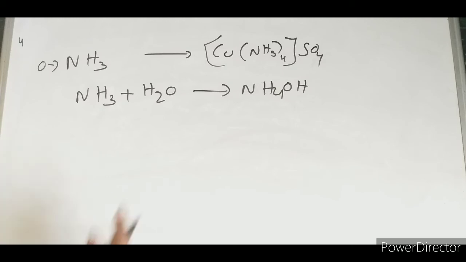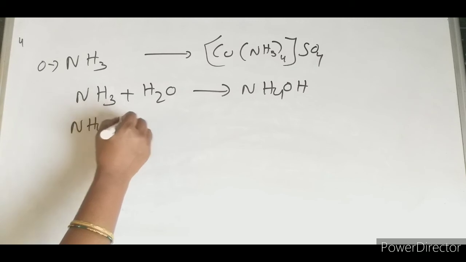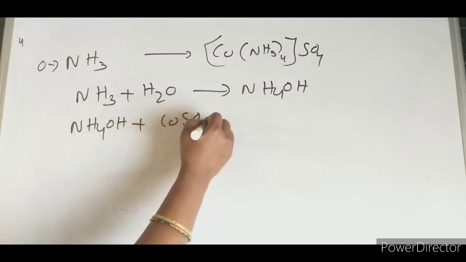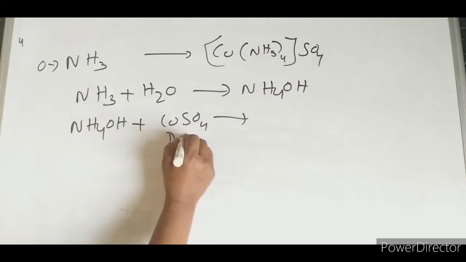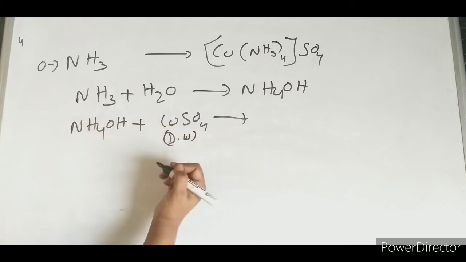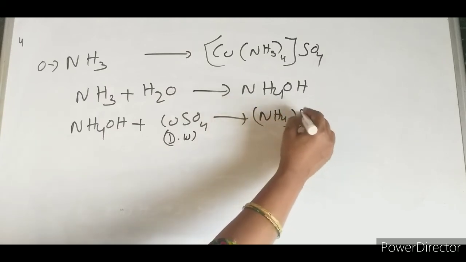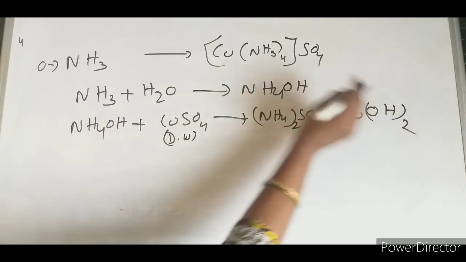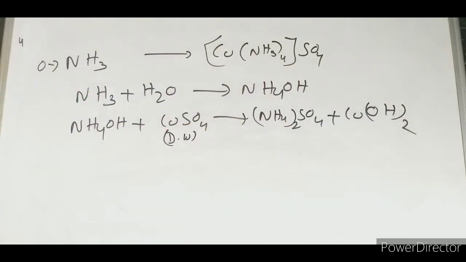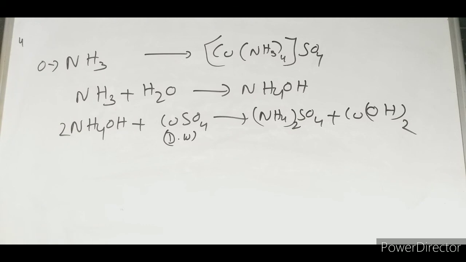Okay, then this ammonium hydroxide we got, with copper sulfate. So first of all, this one will be drop wise. Okay, so here what we are getting, ammonium sulfate, along with that copper hydroxide. Ammonium sulfate with copper hydroxide, so 2, this one will be 2, okay, it is got.